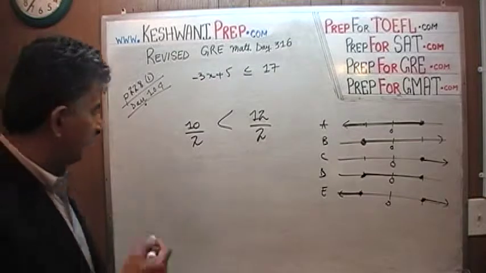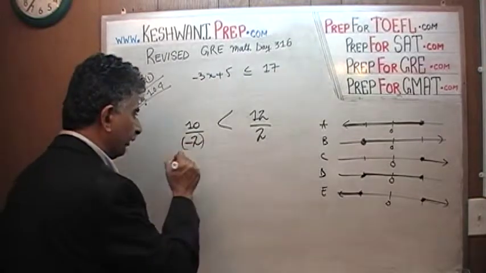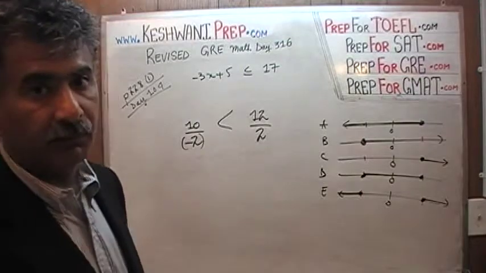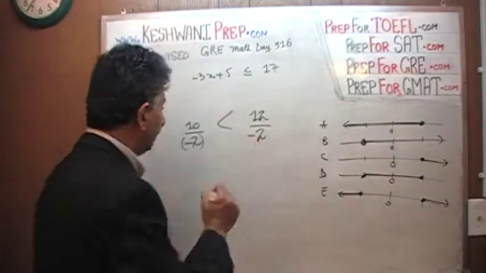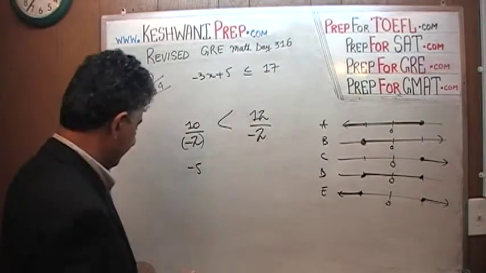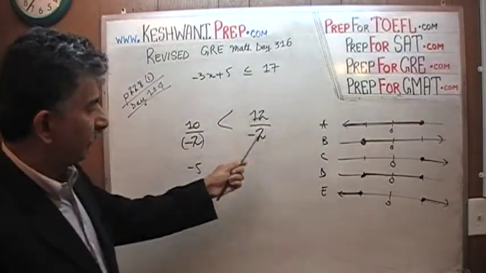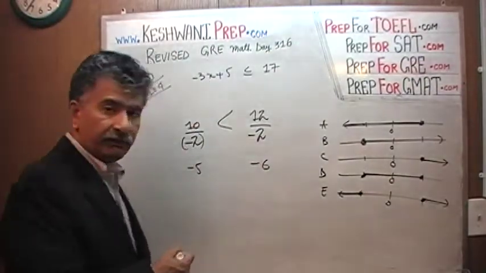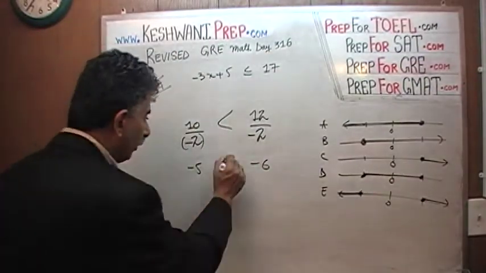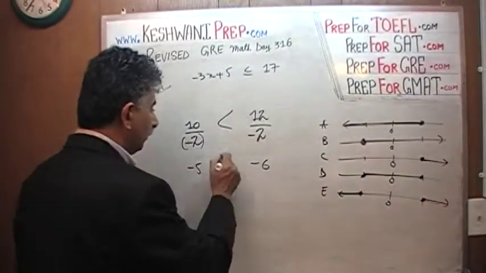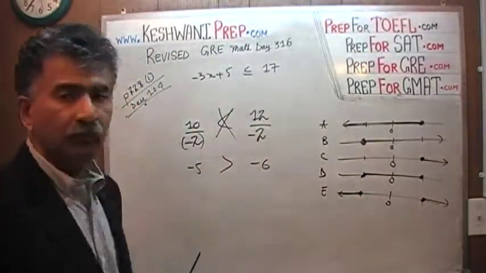But what would have happened if we had divided both sides of the inequality by a negative 2 as opposed to a positive 2? We would have had 10 over negative 2, which would have given us negative 5. And here, we would have had 12 divided by negative 2, and that would have been negative 6. And negative 5 is no longer less than negative 6. Negative 5 is in fact more than negative 6, so this is no longer true.